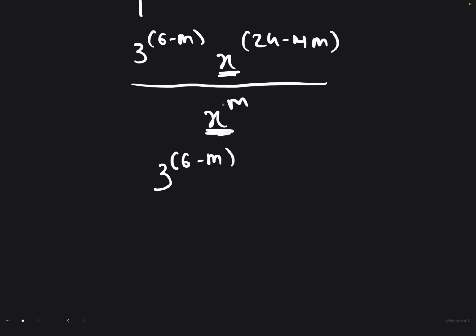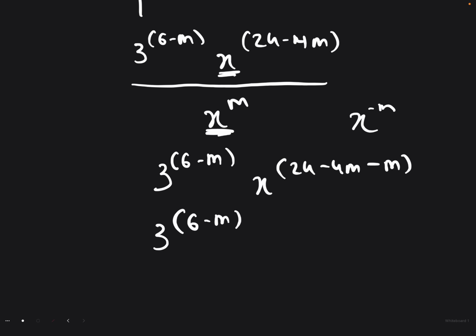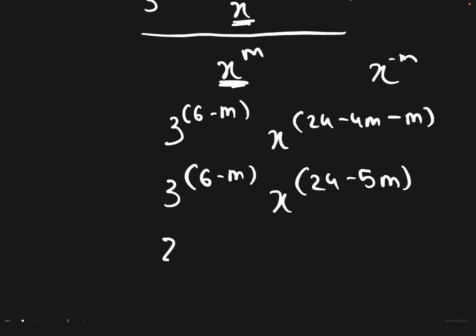This could also be written as x raised to minus m, so we'll use it like that. x to the 24 minus 4m minus m, so 3 to the 6 minus m, times x to the 24 minus 5m. And that's the solution for this question.